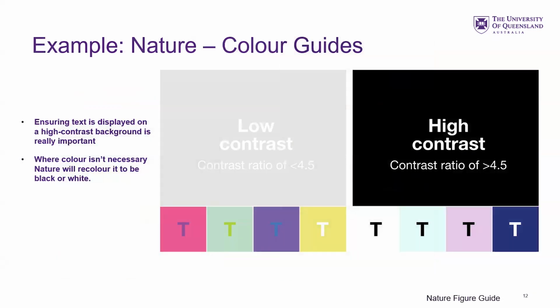This is from the Nature figure guides, and Nature has lots of different applications. There's one standard reference text for how you should do things, with lots of nice little figures and callouts on the blog. But suffice to say, they want high contrast for text and things like that. So don't put white or gray because it's horrible to read.